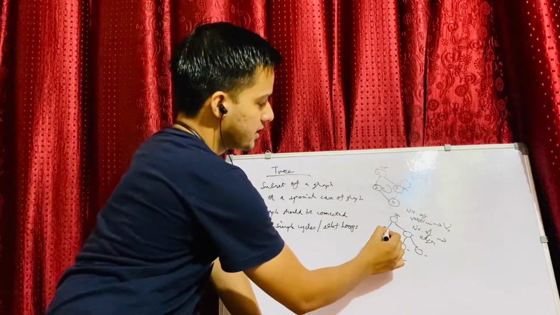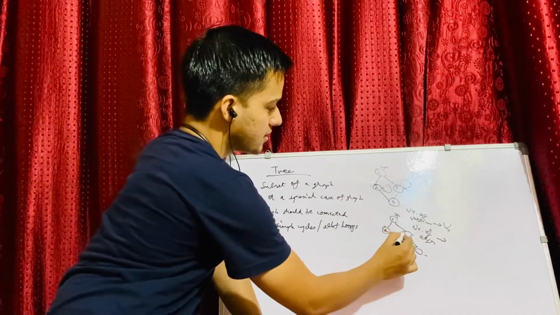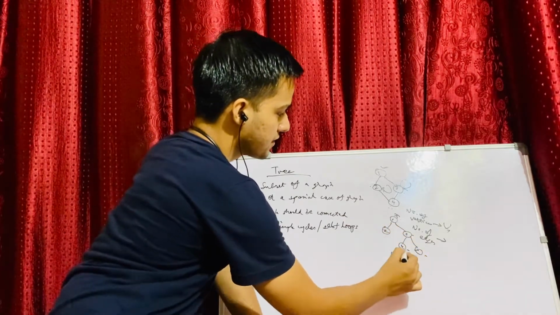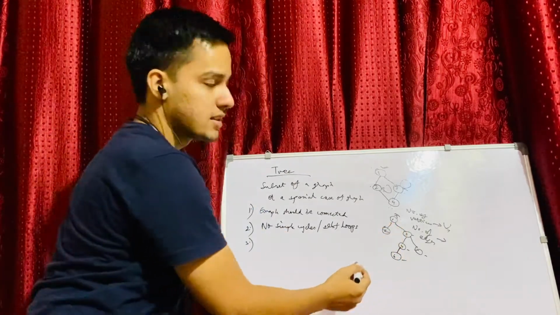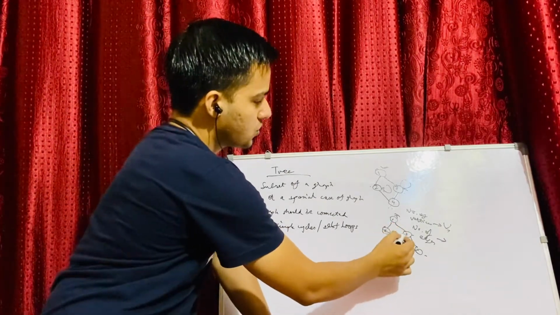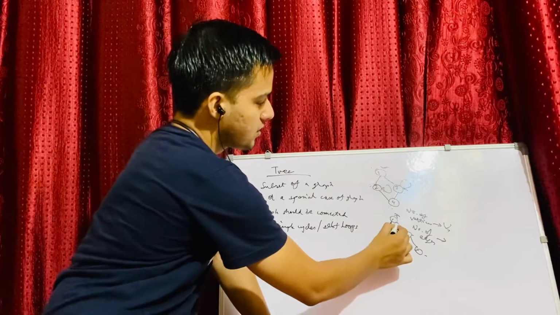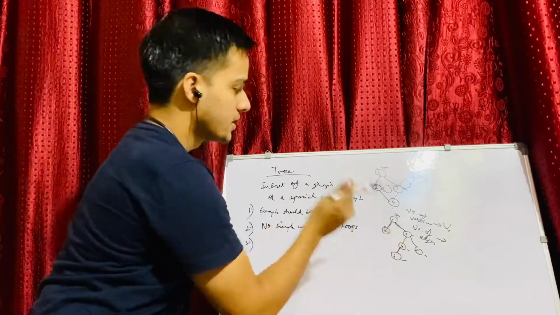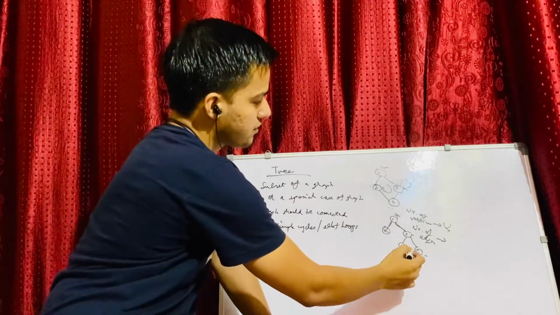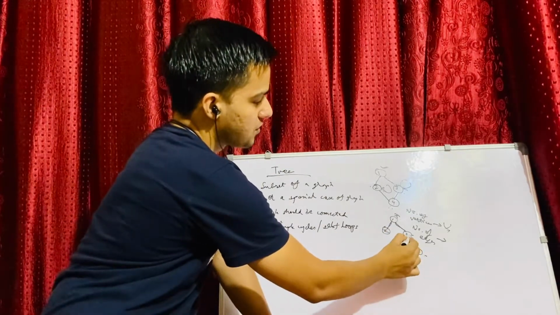So if I look at this particular graph, let's name these nodes 1, 2, 3, 4, 5, 6. If I look at nodes 2 and 3, I can see that there is an edge coming from 1, which is the parent of 2 and 3. And similarly for other nodes like 4 and 5, an edge is coming from the parent.